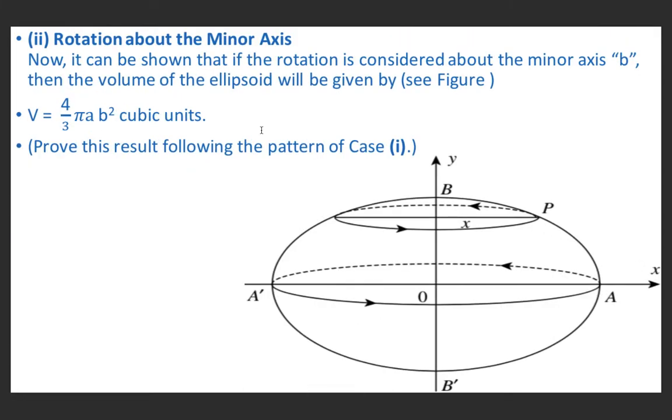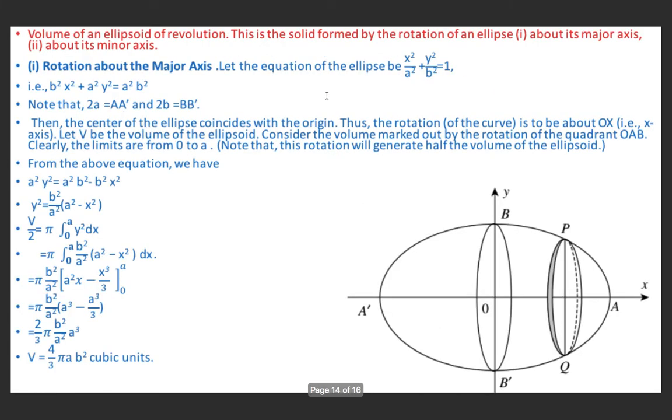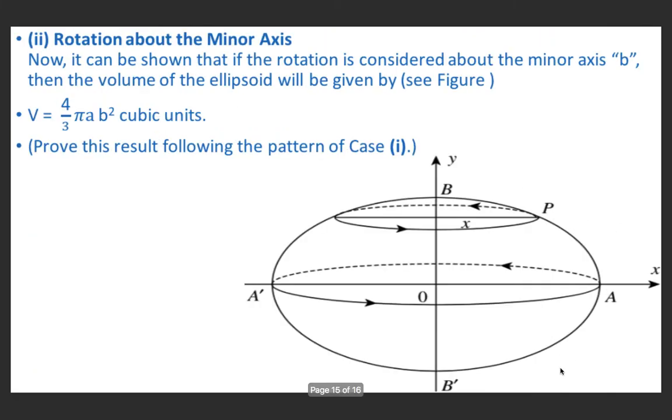Now rotation about the minor axis. This was the case where we had rotated about the major axis, a dash a, meaning we have rotated the portion of the ellipse about this x-axis.